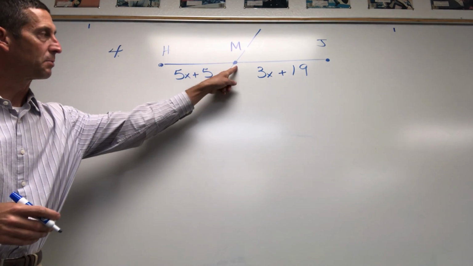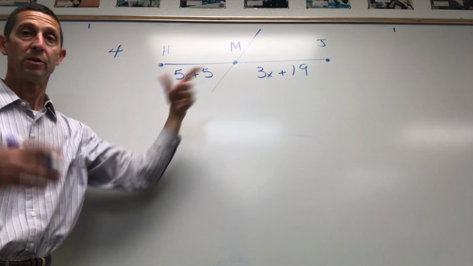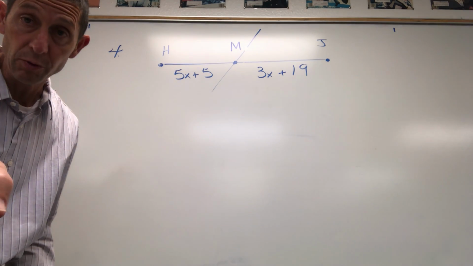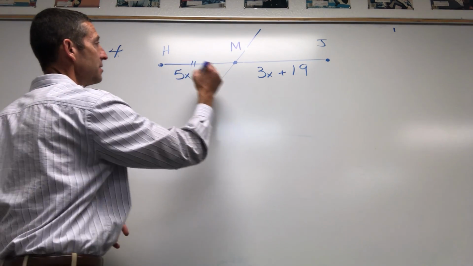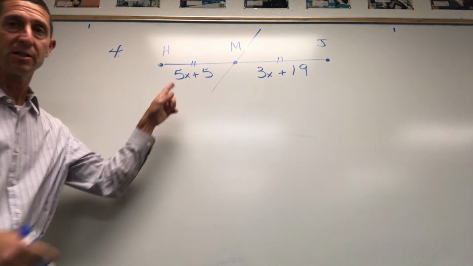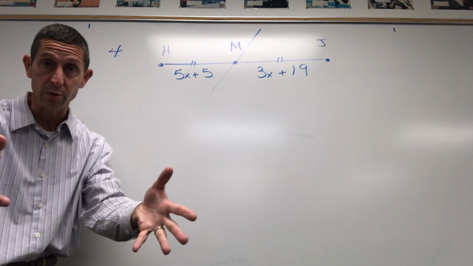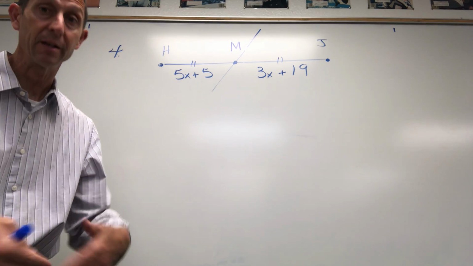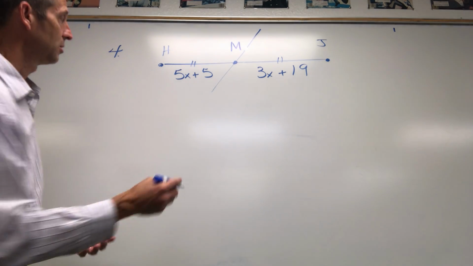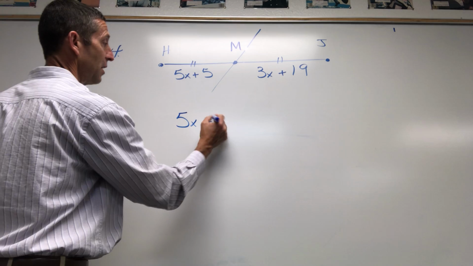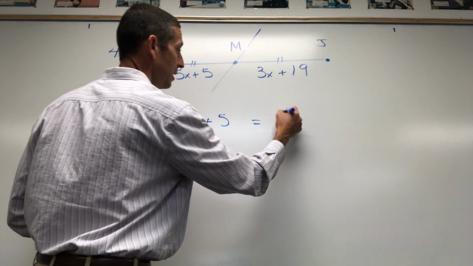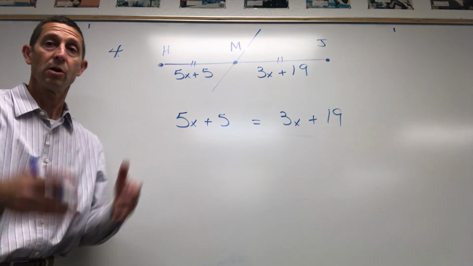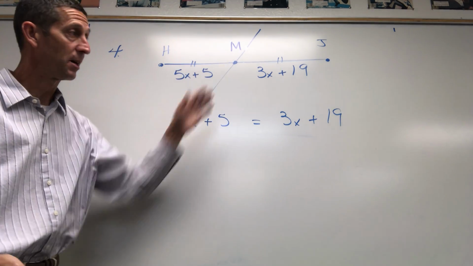A segment bisector hits your midpoint. You've got an algebra expression here and on the other side. What we do know is that H to M and J to M are equal to each other. So when you go to write this algebra equation, like how do I set this up, how do I start the problem, you can run it this way. You can take 5x plus 5 and set it equal to 3x plus 19.